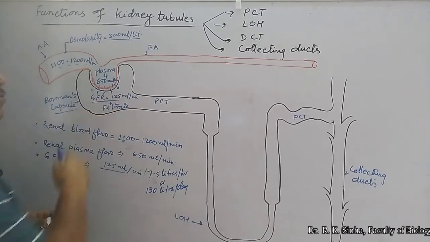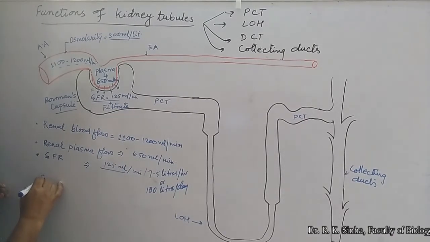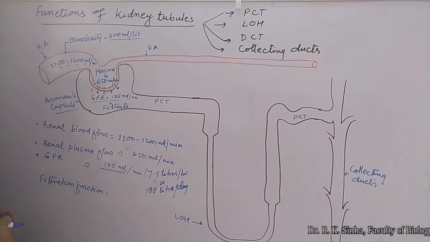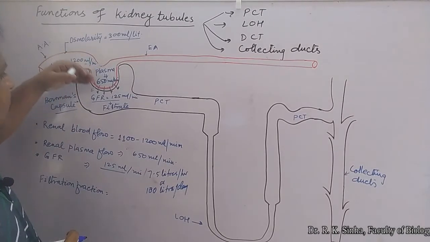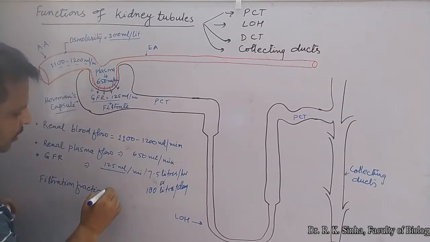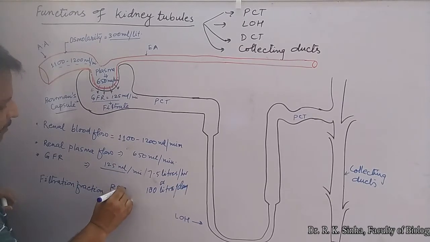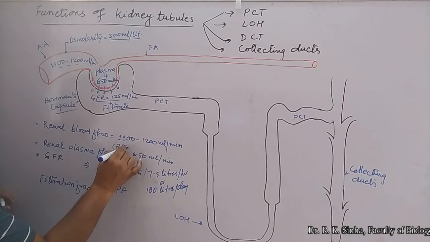So filtration fraction is the ratio of the amount of blood filtered by the glomerulus per minute out of 650, which is the renal plasma flow.